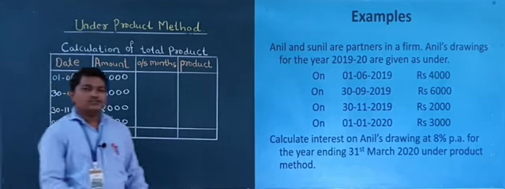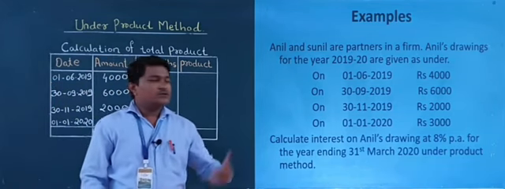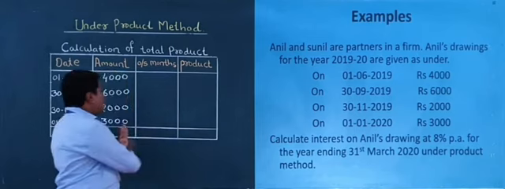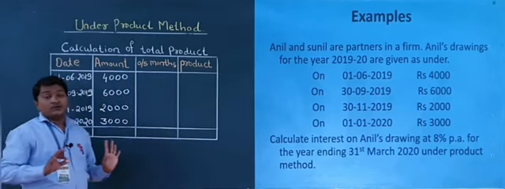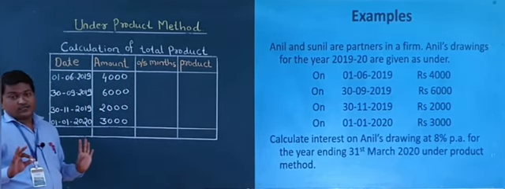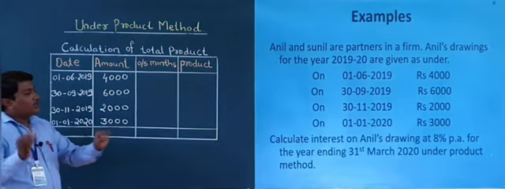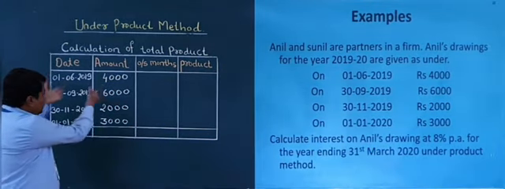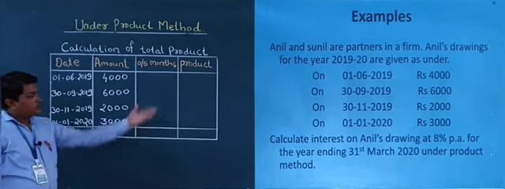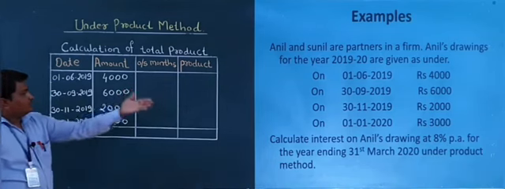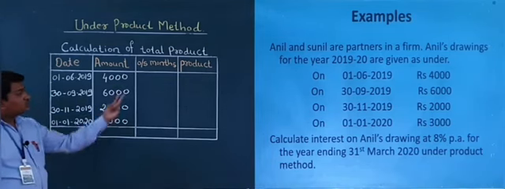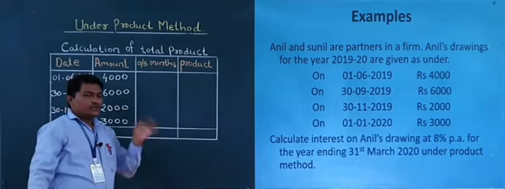Is that clear? There is no problem here, because we have not written anything about the calculation part yet. Whatever they gave in the question, we write here: the dates and the amounts. Now two columns are still to be filled.